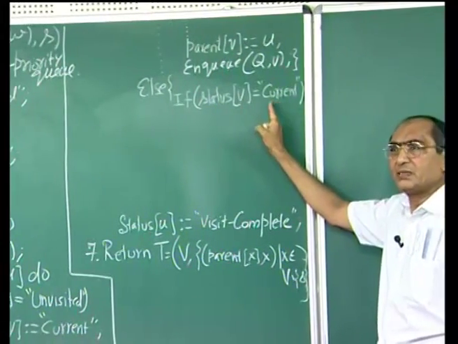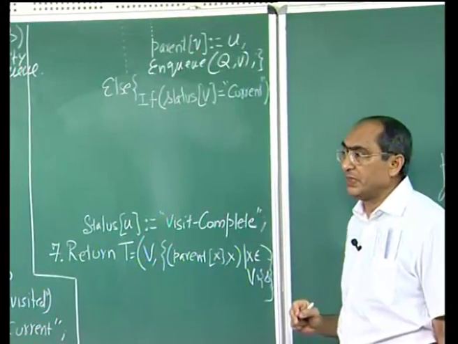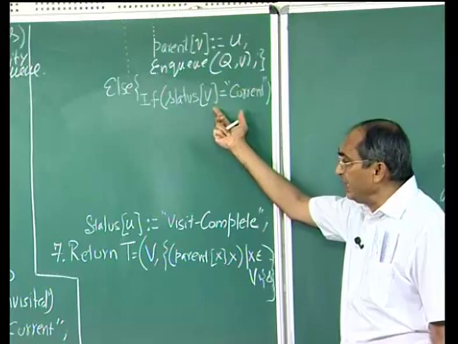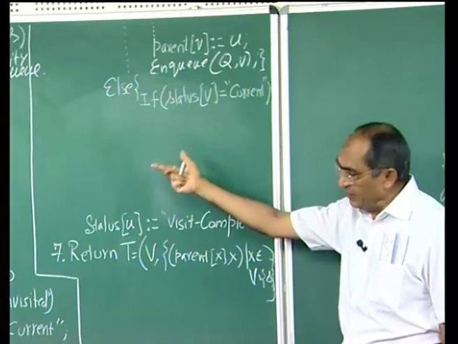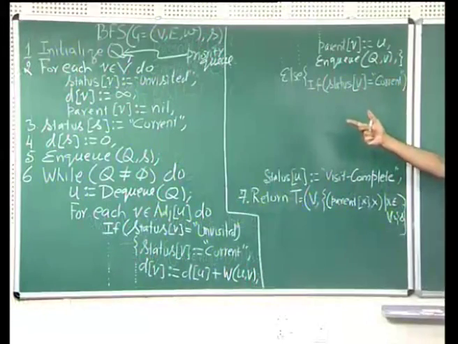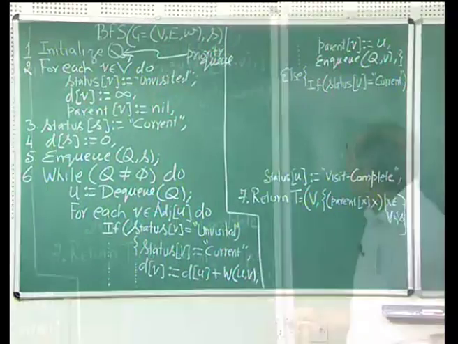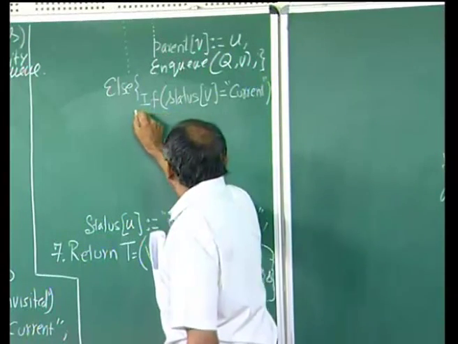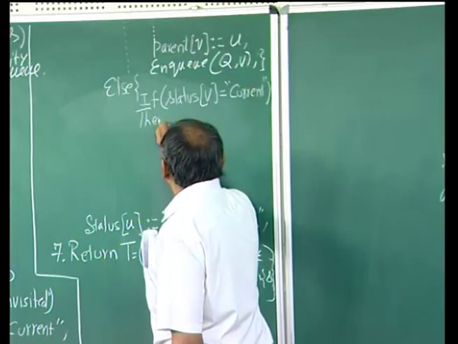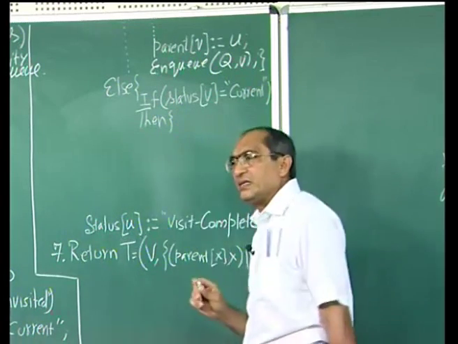That means it is already in the queue. It has a d value assigned which is other than infinity. Of course, d value is assigned infinity earlier. So, in this case we will just update the d value.